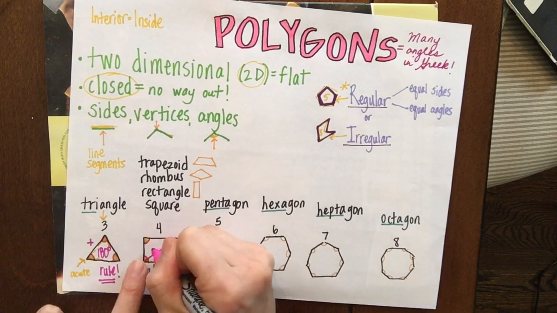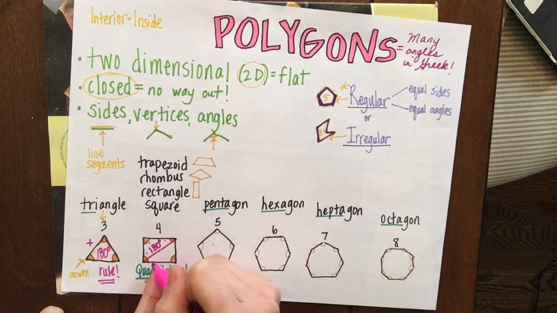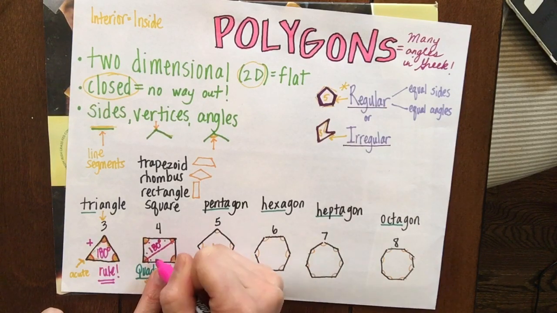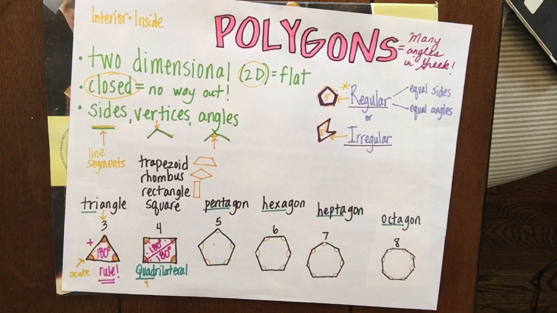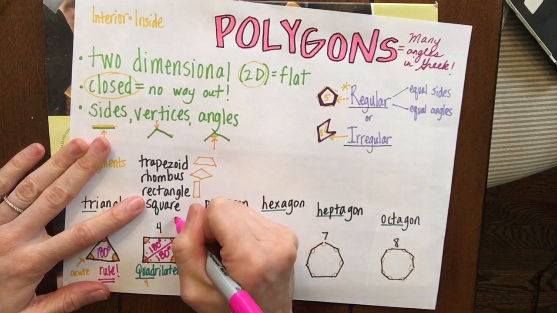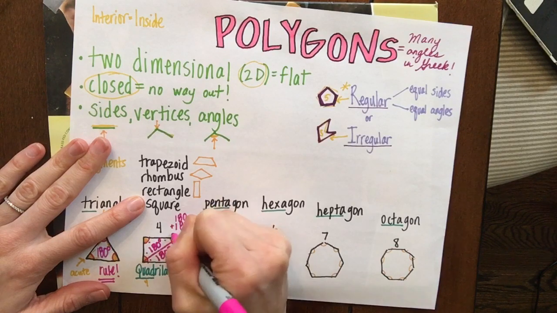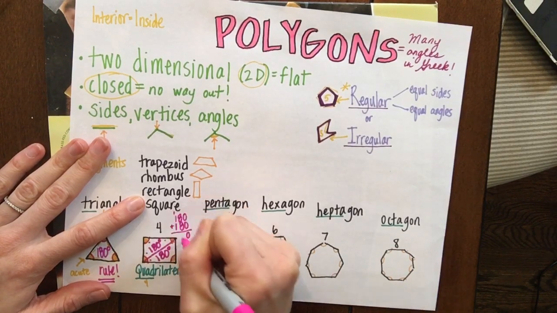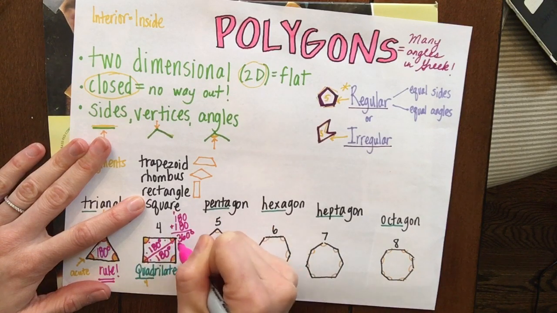That means these 3 must add up to be 180 degrees, and these 3 add up to be 180 degrees. So the inside measurement must be 180 plus 180. And you get 360 degrees, okay?